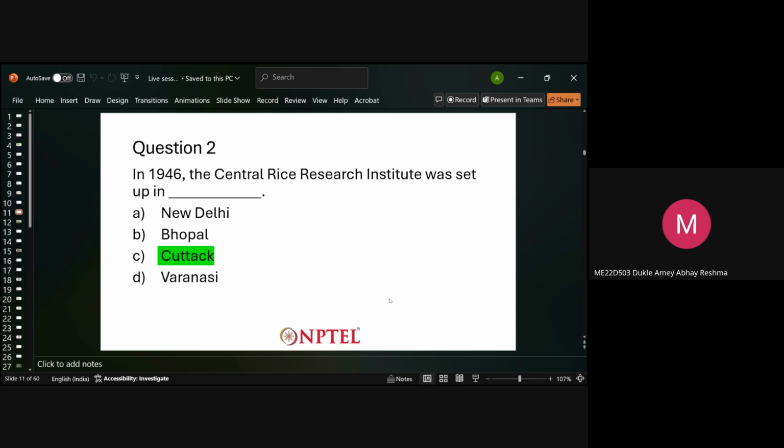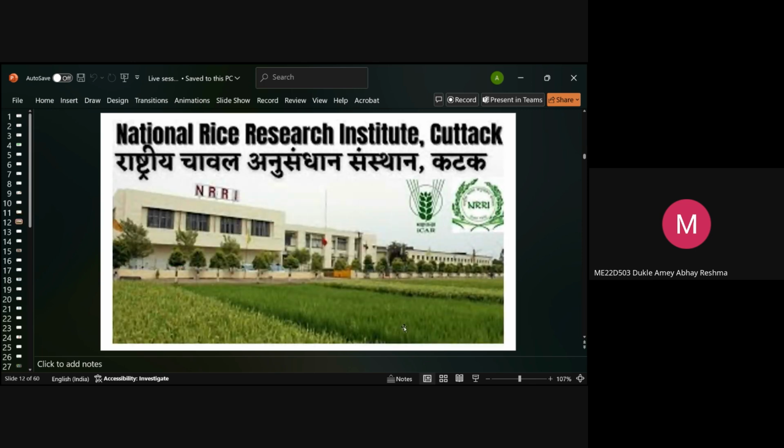Why are these research institutes being set up? We set them up so that we can increase the productivity of that particular agricultural product. So the main focus is, where we already have the maximum productivity, you try to increase it at that place. That is why the Central Rice Research Institute is based in Cuttack.